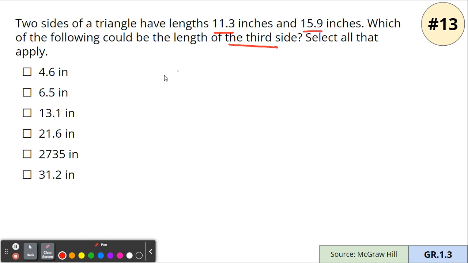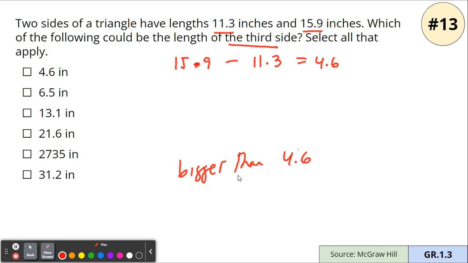First, the difference, 15.9 minus 11.3 is equal to 4.6. So we are looking for a number that is bigger than 4.6. And then we get the sum, 11.3 plus 15.9, which is 27.2.